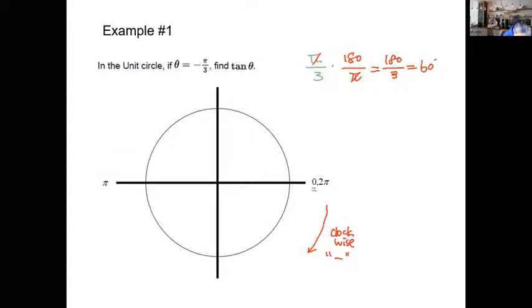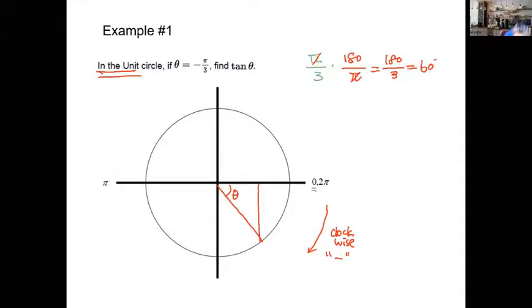So now I can see the terminal side must be around this position, right? Let's notate this one as theta. Now, in the unit circle, we can utilize the right triangle with this terminal side being the hypotenuse of it. So now I can construct the right triangle of negative pi over 3 inscribed inside the unit circle in that way.